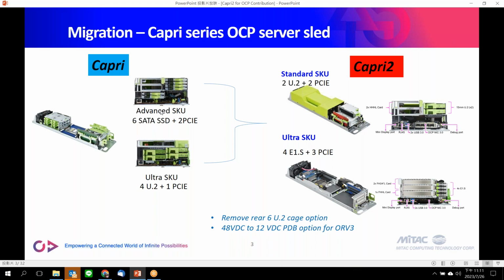At that time we also defined 2 SKUs: the advanced SKU and the ultra SKU. The advanced SKU can support SATA SSD plus 2 PCI cards. The ultra SKU supports 4 U.2 plus 1 PCI card.